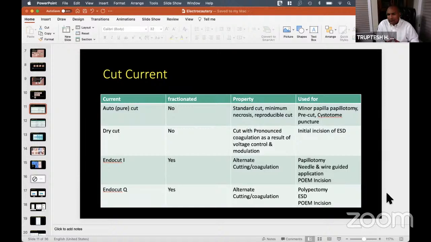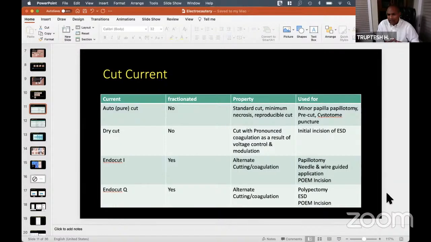And when it comes to the Zankers, it has its own settings, but it's more like the cut. And when we use the Axios as well, it has the 205 of coag. So that's a blend of current that we use.